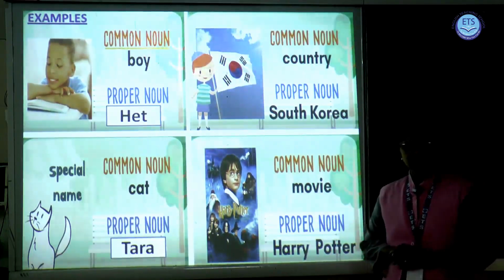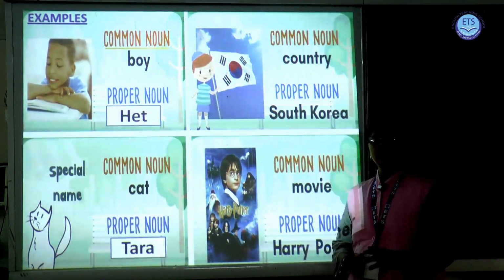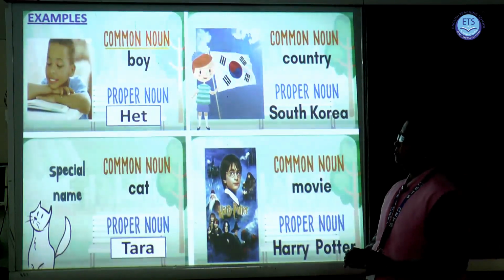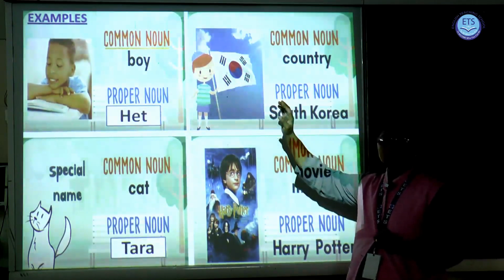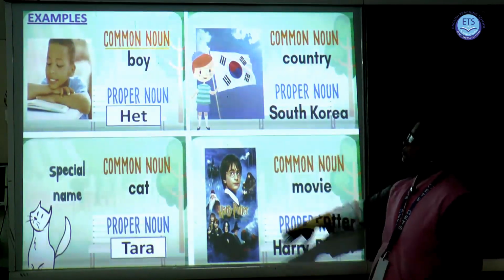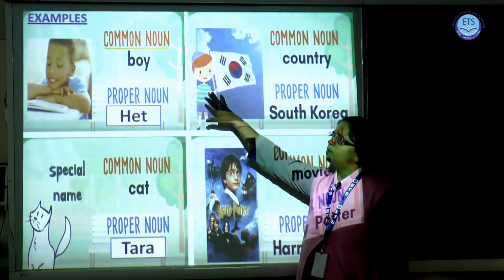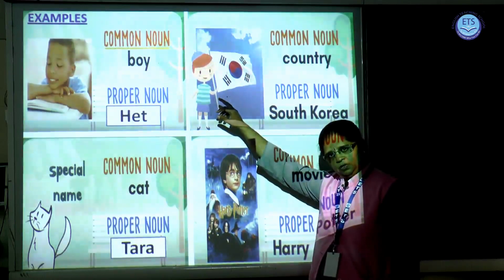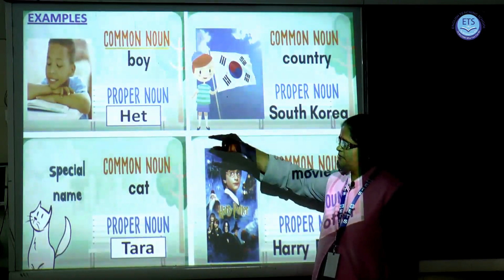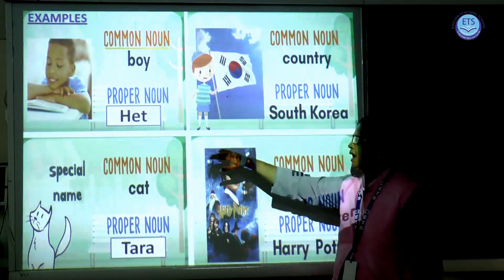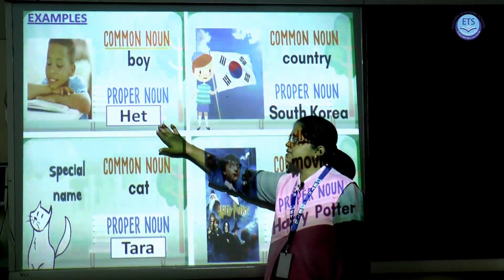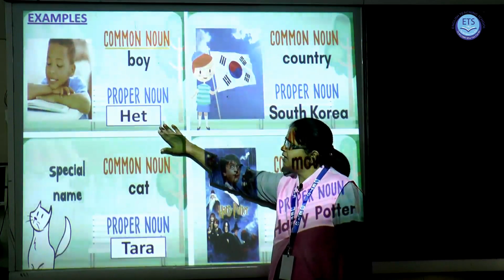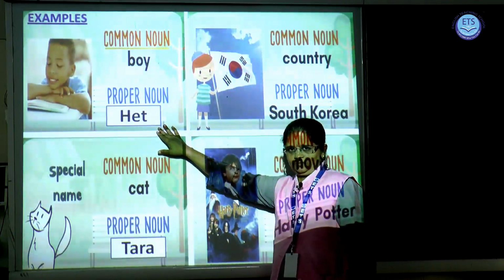Here are some examples which will definitely make you understand. Now here you can see a boy. Boy comes under common noun, but when the boy is given a special name like Heth, Heth becomes a proper noun.